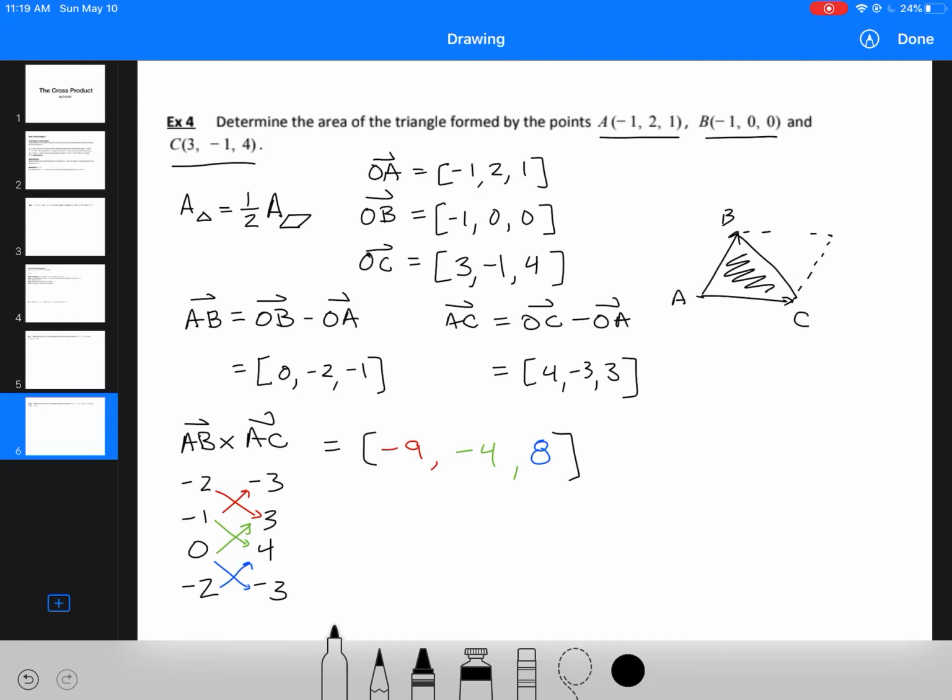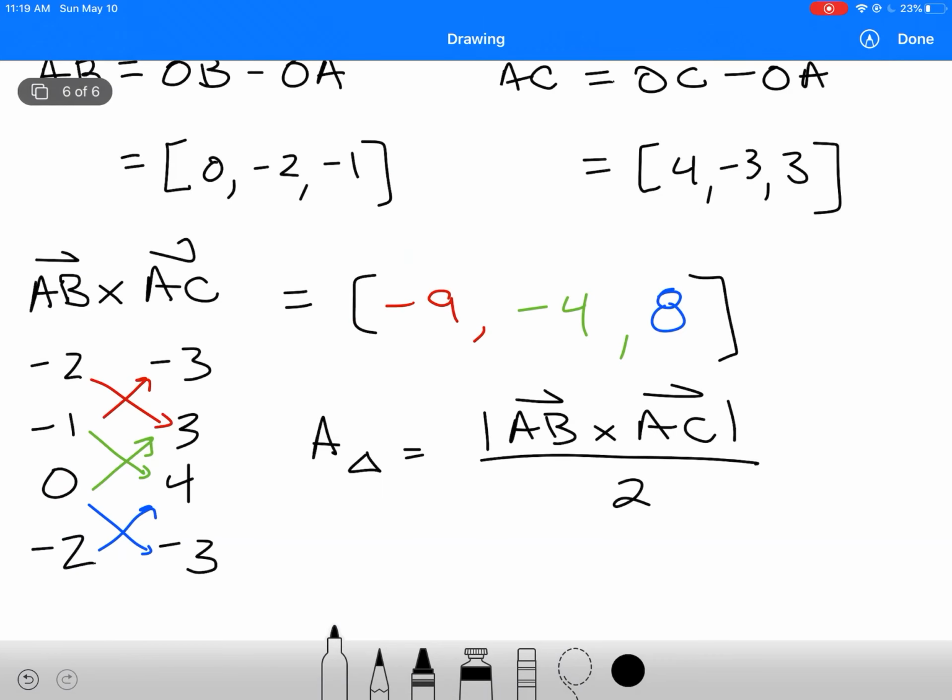Next, we need to find the magnitude. So I'll do it here. So we've got, let's write this out all in one step. So we would have our area of our triangle is going to be the magnitude of AB cross AC all over 2. So for our magnitude, same as we did before, we're going to square root the sum of the squares of the components of the vector, like this.